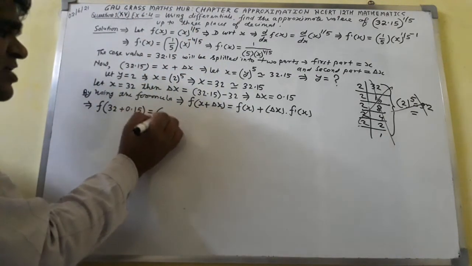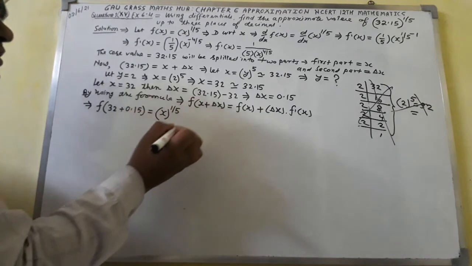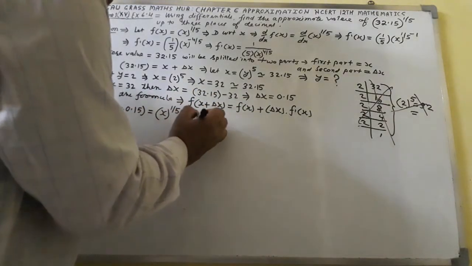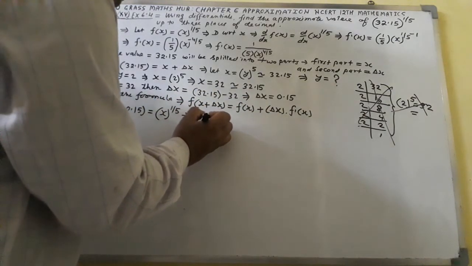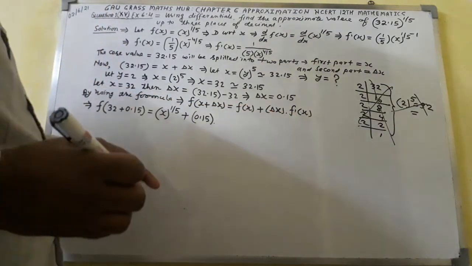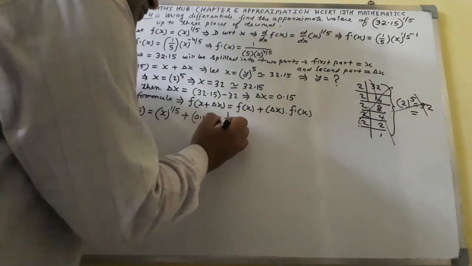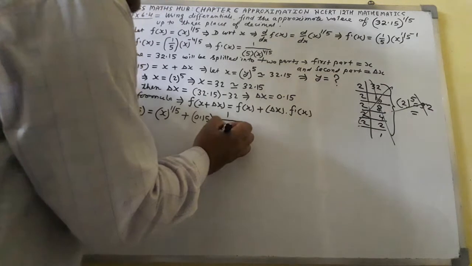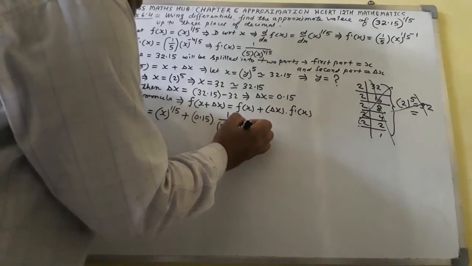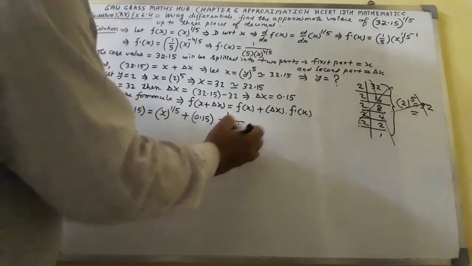So here I shall write x raised to the power 1 over 5 plus value of delta x I shall put here 0.15, or f dash of x I shall get the value from this place. So here write 1 over 5 x raised to the power 4 over 5. 4 over 5 I shall write this one.